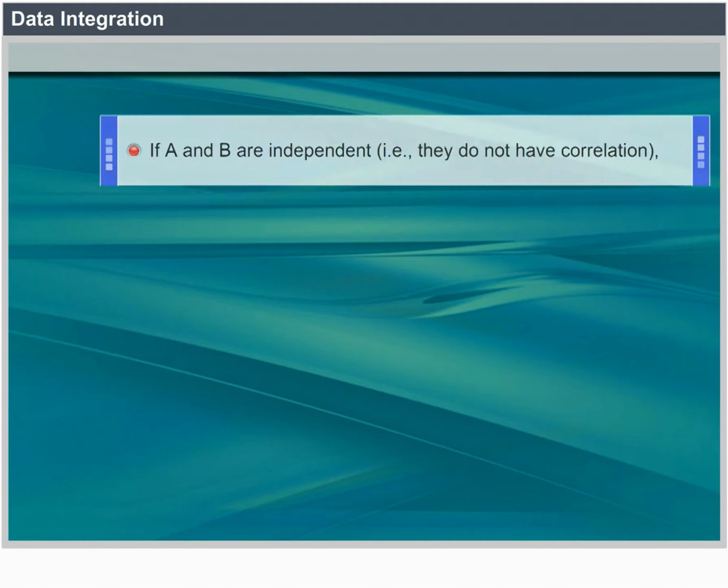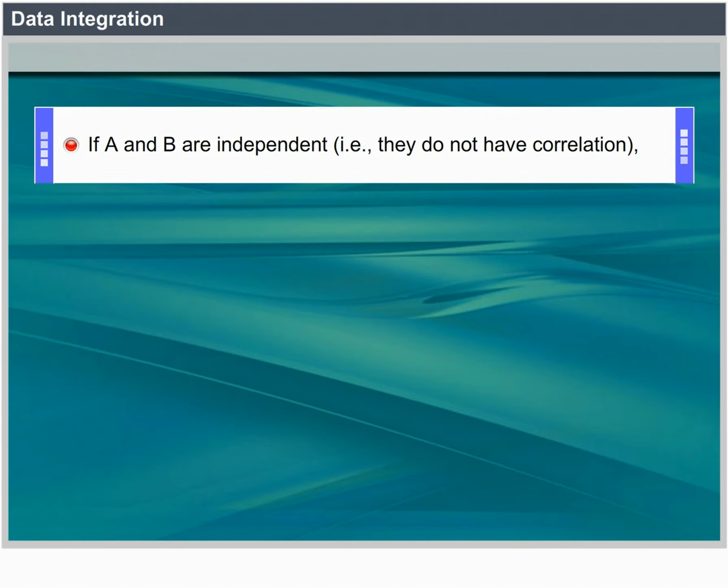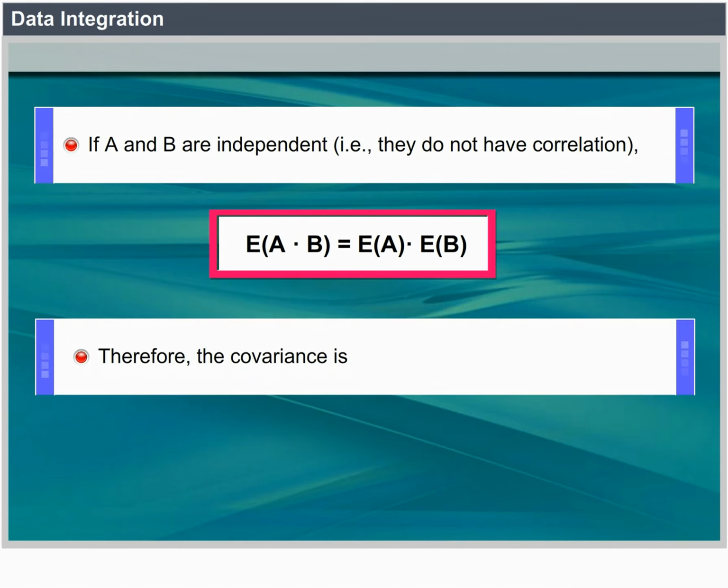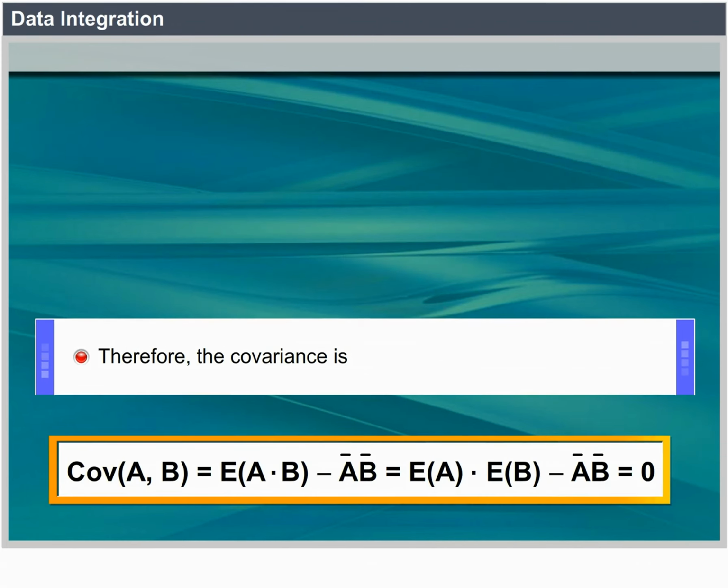If A and B are independent, that is, they do not have correlation, then the expected value of A times B equals E of A times E of B. Therefore, the covariance of A and B equals E of A times B minus A bar B bar, which equals E of A times E of B minus A bar B bar, which equals 0.